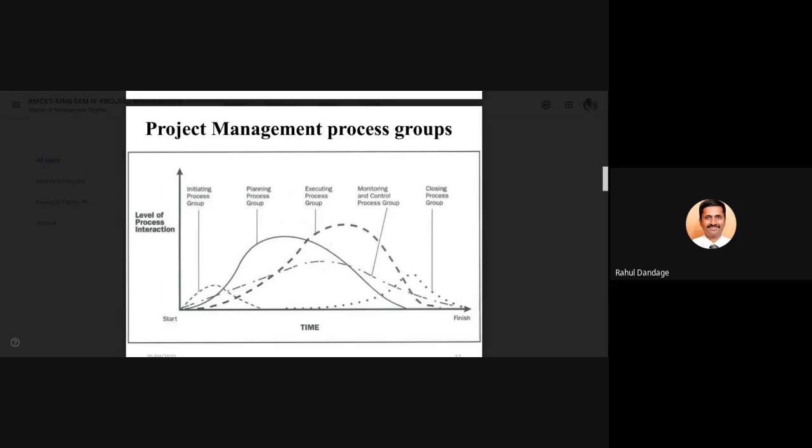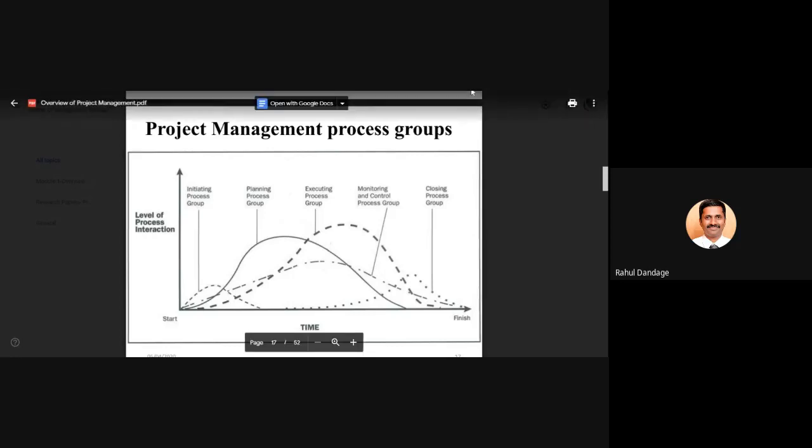Look at the diagram carefully and type in your chat box which is the last process group. No need to type the full process group name, simply type the first word. Look at the diagram and in the chat box simply type the name of the process group which appears at the end, at the last phase.